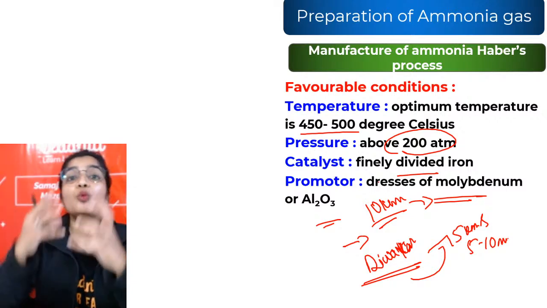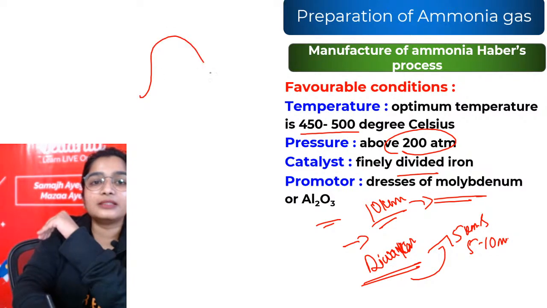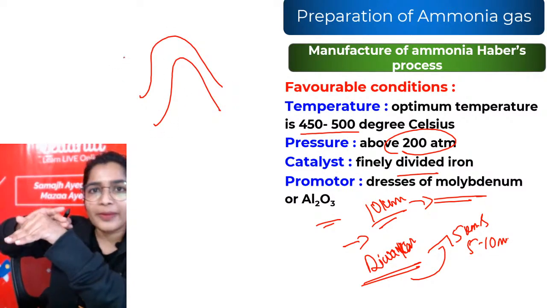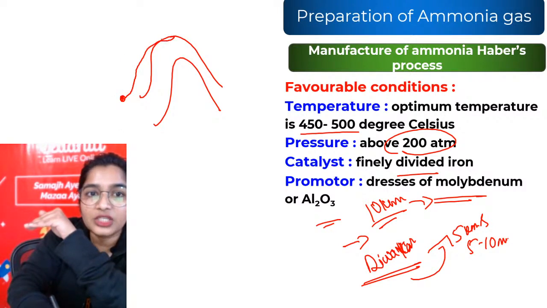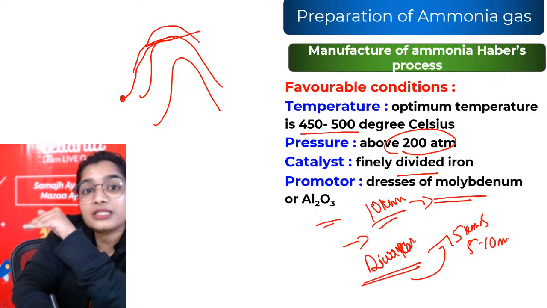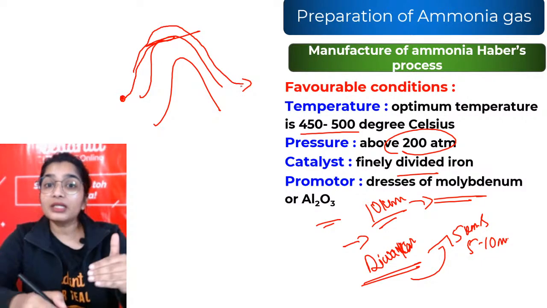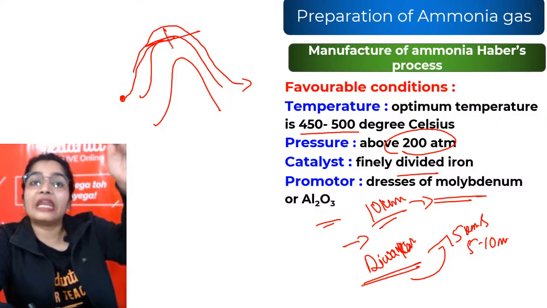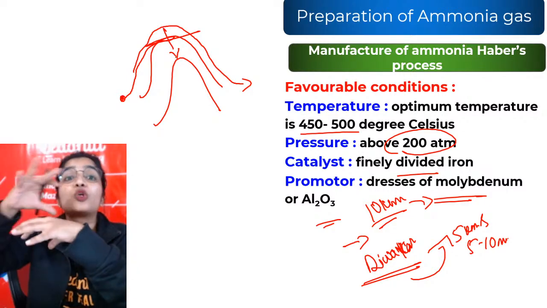So what does the catalyst do? Here, this is the energy level. For the formation of products, the reactants have to cross this energy, and only then will products be formed. But the catalyst makes it easy for the reactants. It reduces that energy level, the threshold energy.